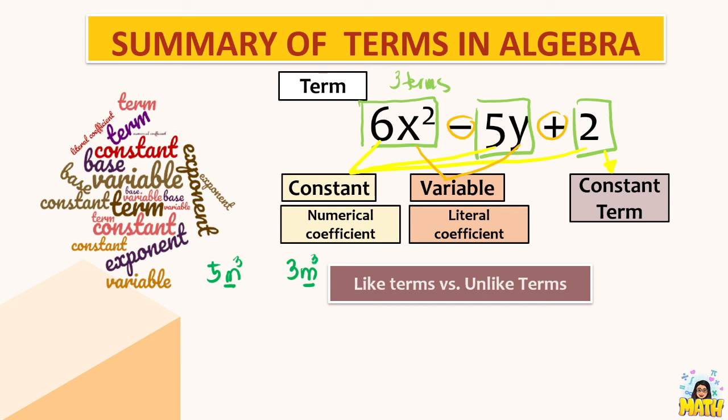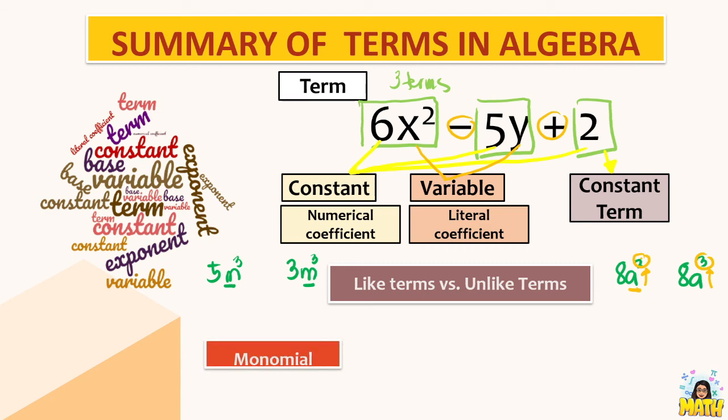So they are considered like terms. Pero kahit pareho sila ng literal coefficient, basta magkaiba ang kanilang exponent, these cannot be considered as like terms. Ito yung examples ng unlike terms.